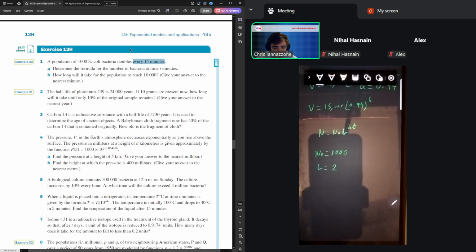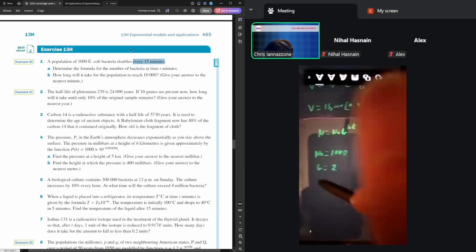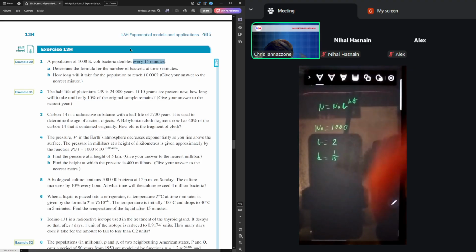Because that means that every t value from here on has to reach 15, or some multiple of 15, to roll over to the next double. So in this case, k equals 1 on 15, giving us a final exponential, N equals 1,000 times 2 to the power of t on 15.